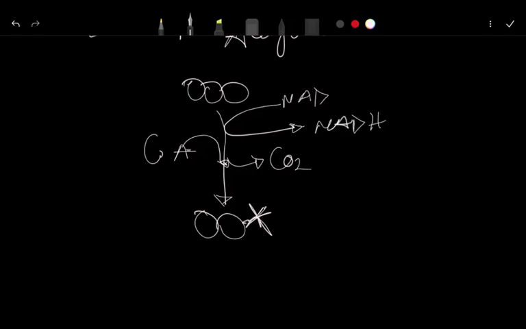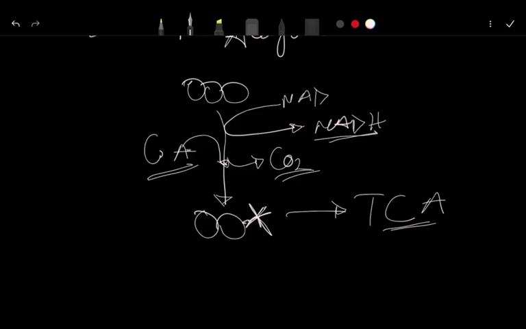These are the three major things that will happen in the PDH complex reaction: first, removal of CO2, addition of CoA, and formation of energy. Then once you have formed your acetyl-CoA, it will enter the tricarboxylic acid cycle, like the TCA cycle or Krebs cycle. Are you there with me?